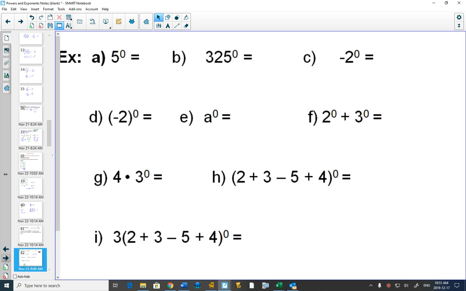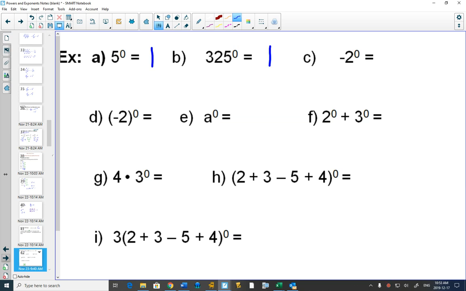Okay? Be careful here. Not all the answers are 1. Some of them are not. But I'd like you to evaluate all of these. 5 to the 0 is 1. 325 to the 0 is 1.